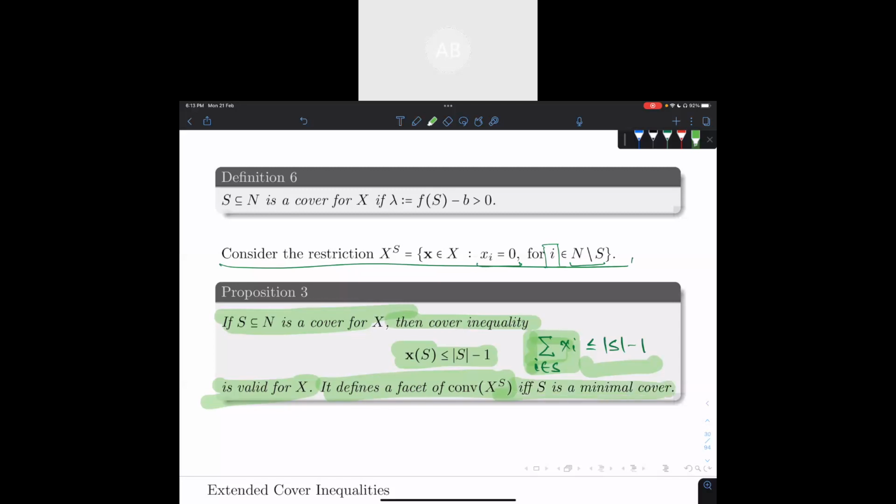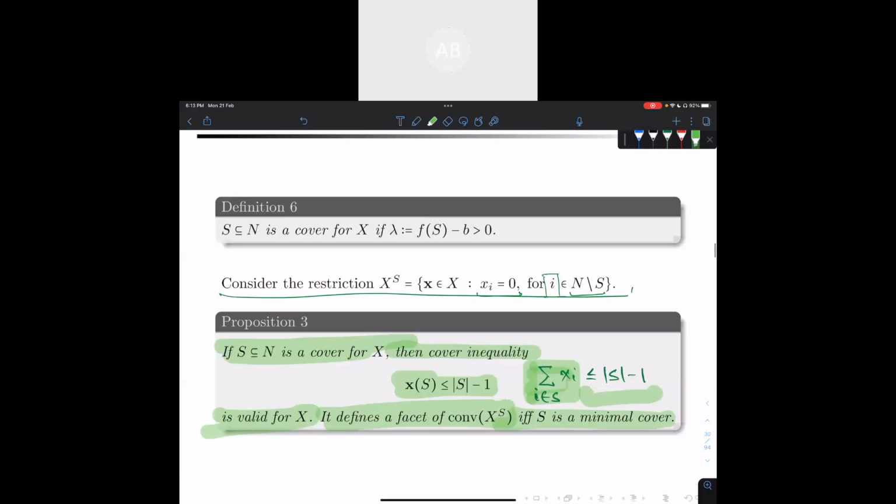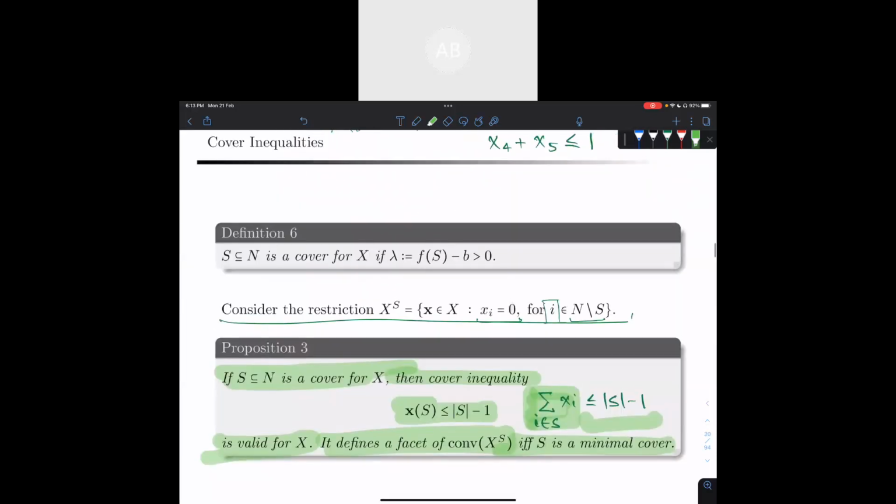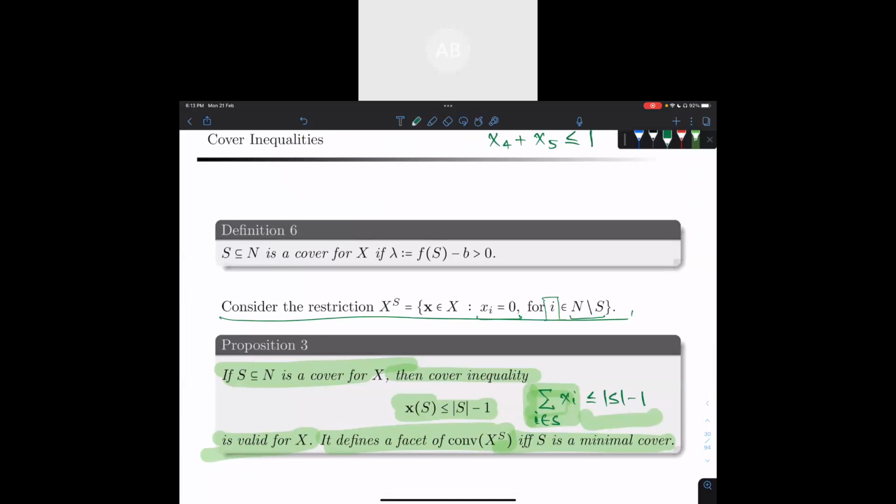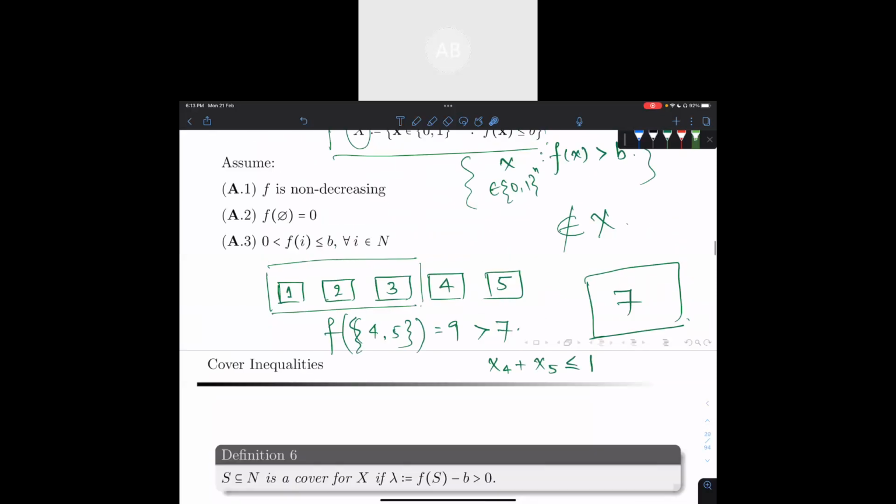What is the notion of a minimal cover? For a cover, we said that it's an infeasible solution. A minimal cover means that if you take anything out of a cover, it becomes a feasible solution, right? So here 4, 5 was a minimal cover. Why? Because if I take 4 out, it becomes feasible.